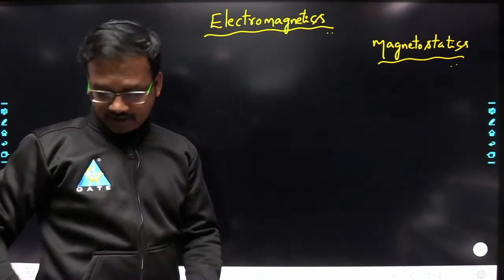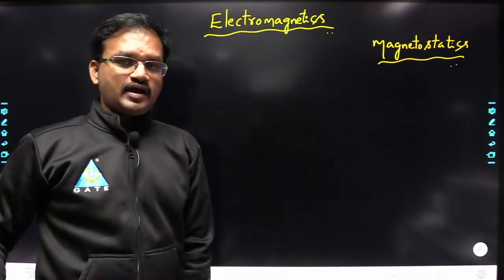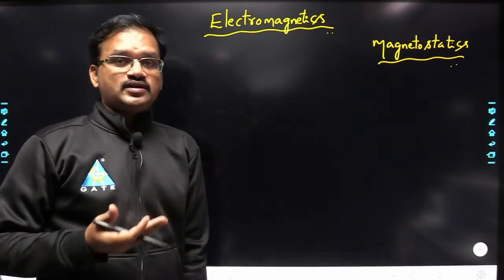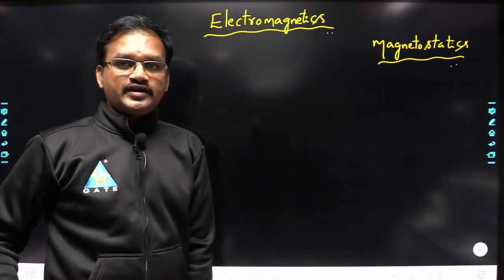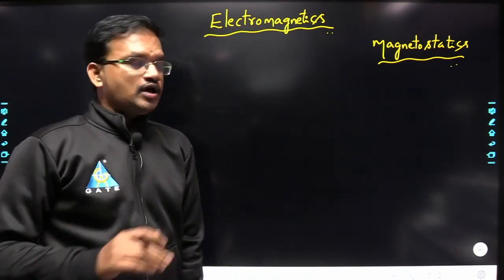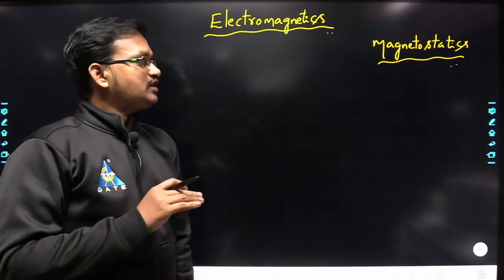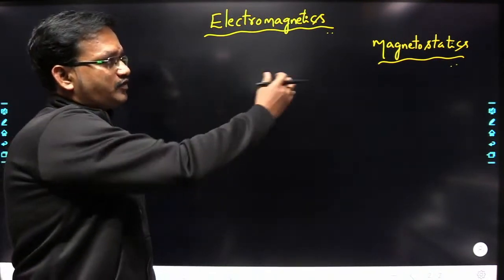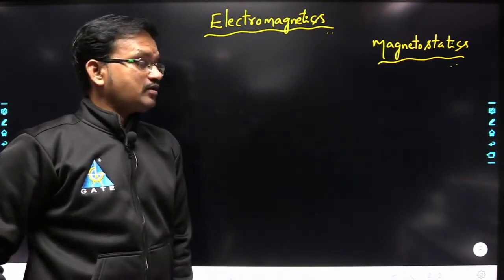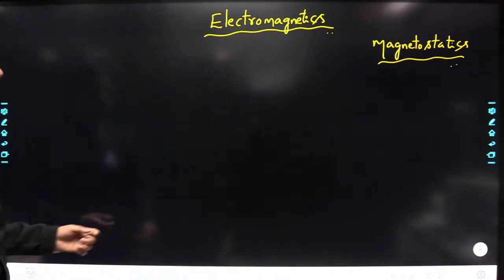Actually, I thought to complete that special case yesterday itself, but I forgot to explain that special case regarding electrostatic potential energy and electrostatic potential. That special case will take a maximum of 15 to 20 minutes. So within 15 to 20 minutes we will complete that special case, and after that we'll start magnetostatics, right?